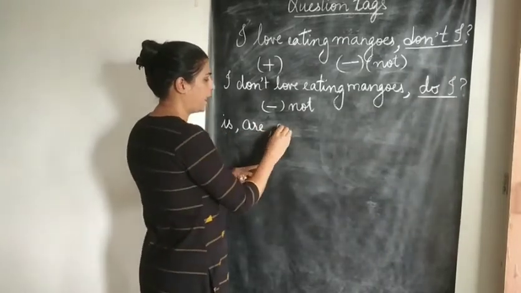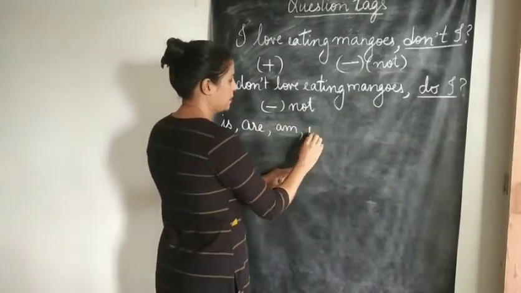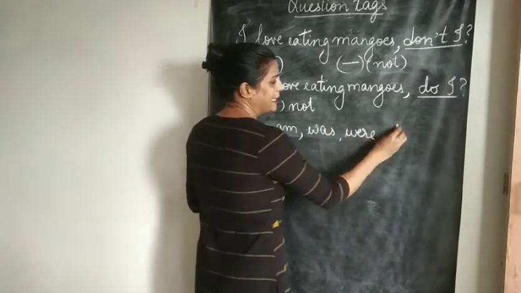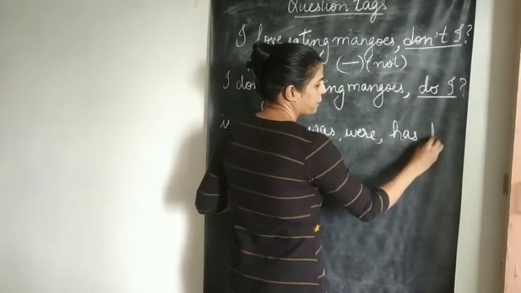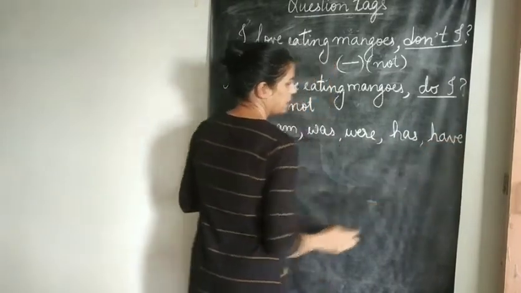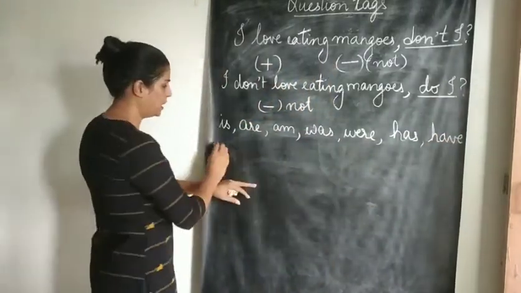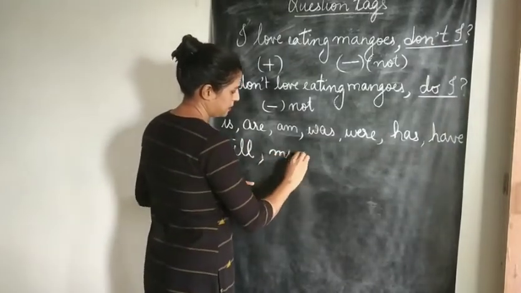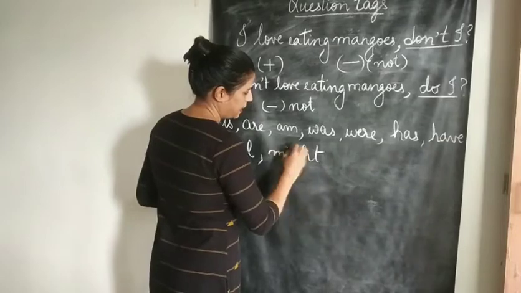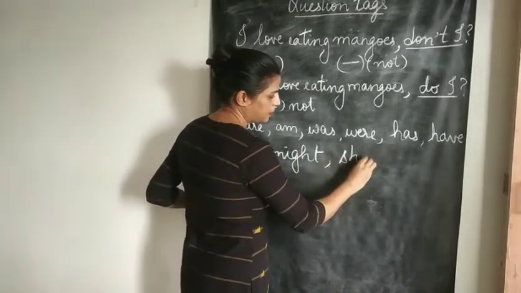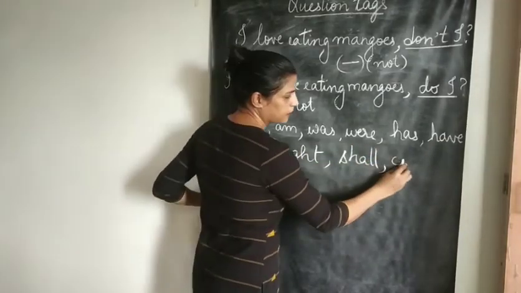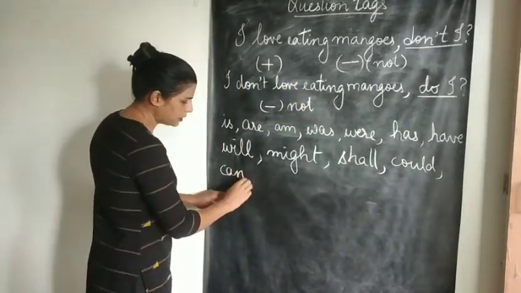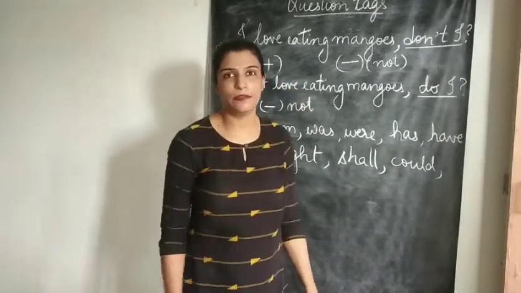Is, are, am, was, were, has, have, will, might, shall, should, could, can. All these words are helping verbs.